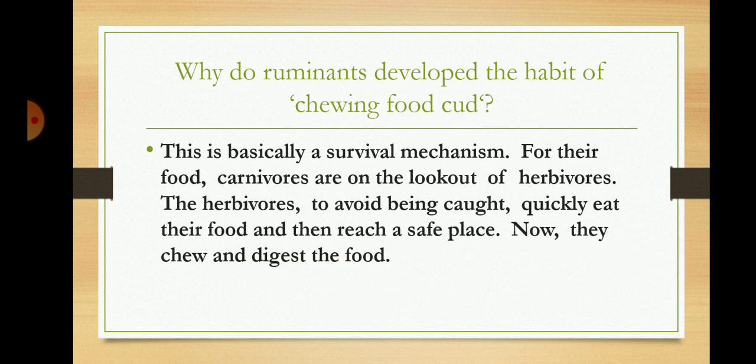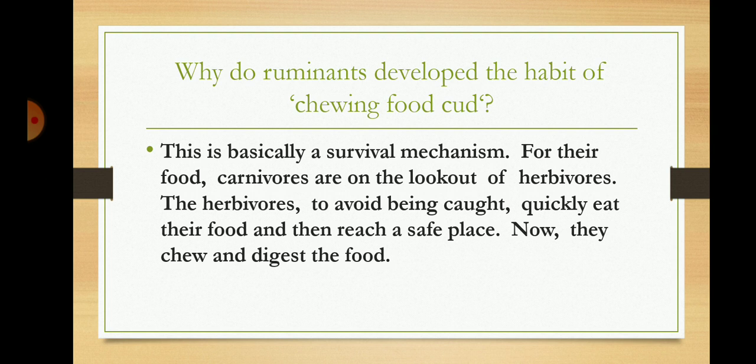Why do ruminants develop the habit of chewing the food again? So students, this is a question that comes to your mind, why they are chewing their food again. Okay, so we know that these ruminants are herbivores, they eat only herbs, and that is why they are also the prey for the predators.